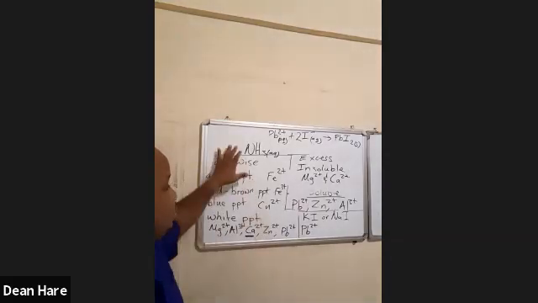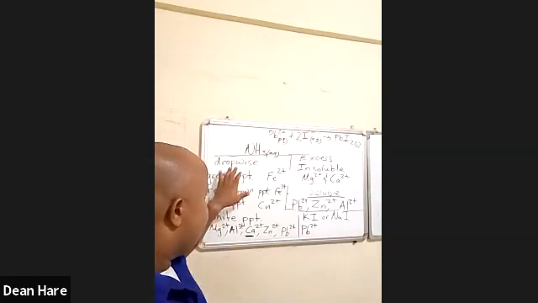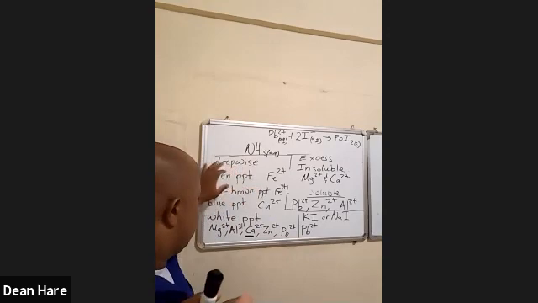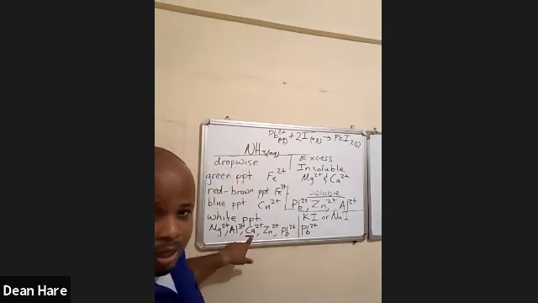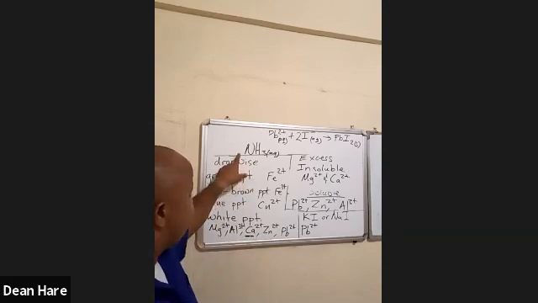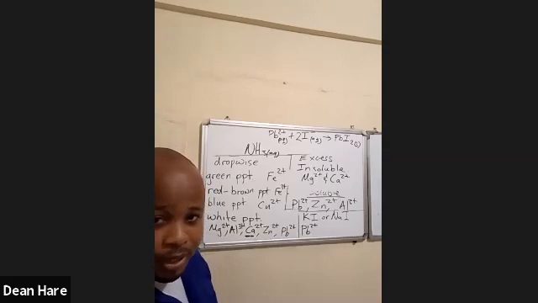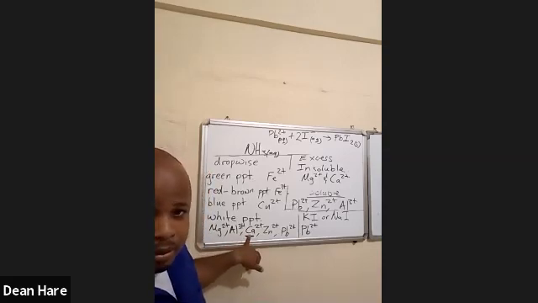Right. When you get to ammonia, the first thing you are going to notice, when you add it dropwise with the calcium, if you don't get a white precipitate, calcium is present. Right?